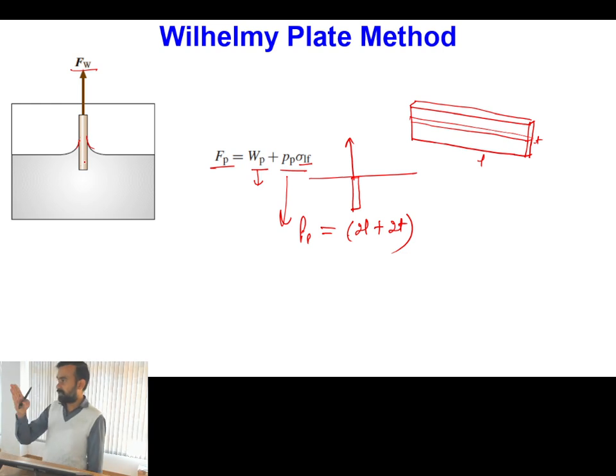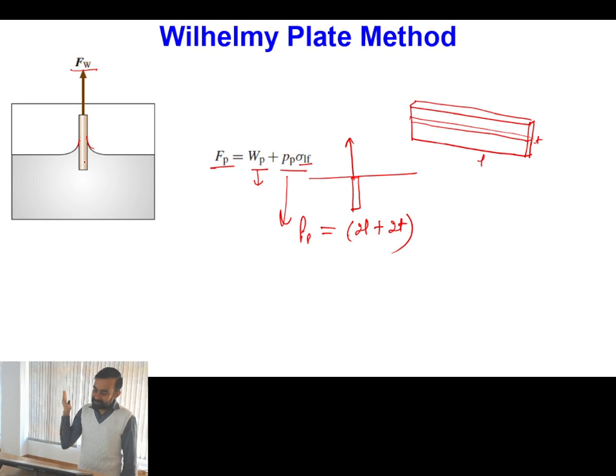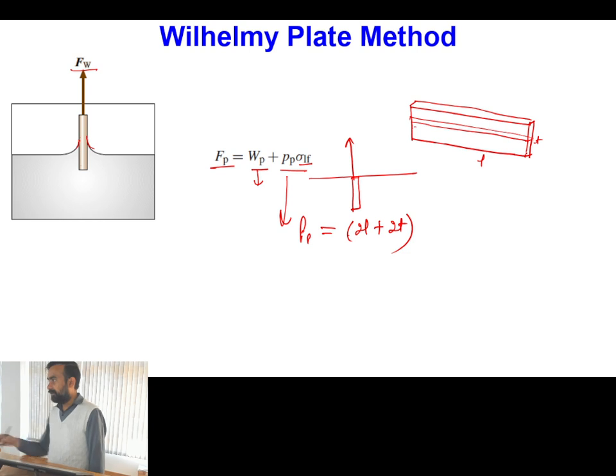Because of the curvature effect in the earlier methods, some correction has to be accounted for, because the wetting perimeter in the earlier cases is not precisely equal to capital RR or small r. On the contrary, in the plate method, the wetting perimeter is sharply defined along the length of the plate, so the correction factor can be avoided.